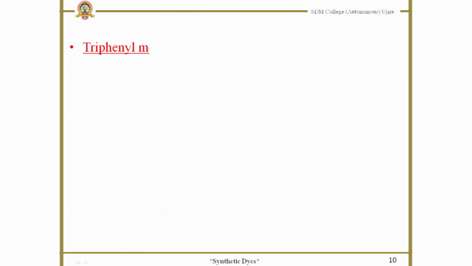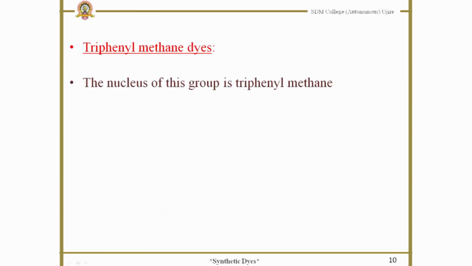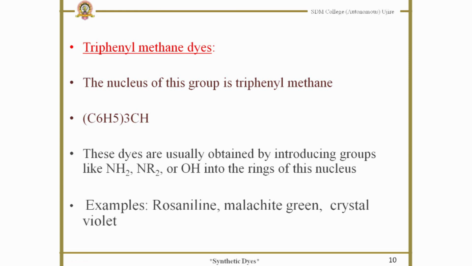The next type of dye is triphenyl methane dyes. In this case, the nucleus of this dye is triphenyl methane, or it contains 3 phenyl groups bonded to a carbon atom, and its molecular formula is (C6H5)3CH.